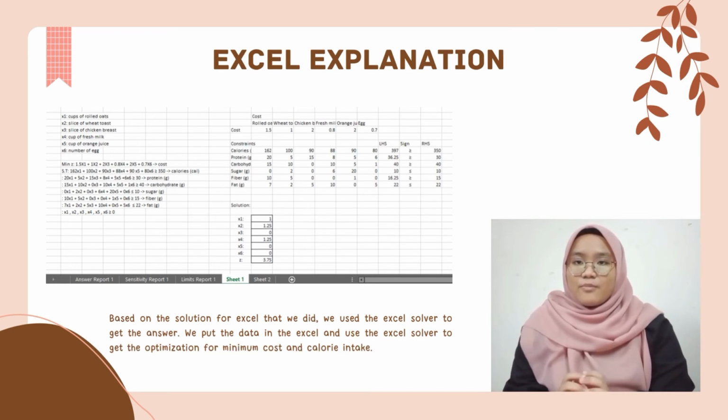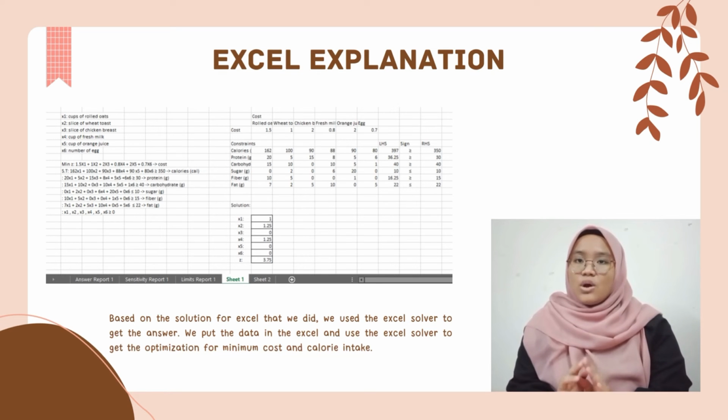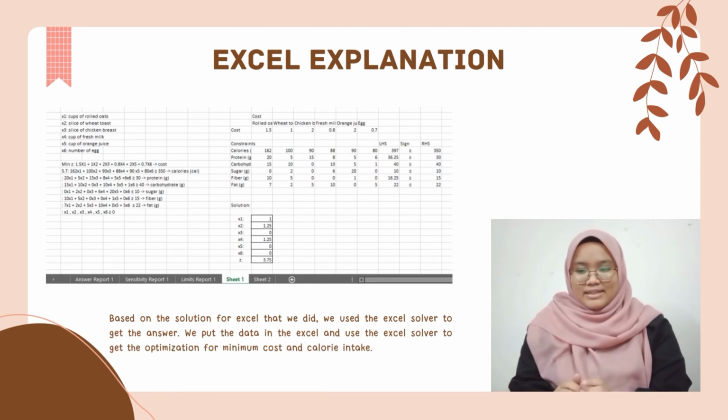The calorie intake for the breakfast menu that we got also fulfills the requirement that Lionel wants. The breakfast menu contains 397 calories with 36.25 grams of protein, 40 grams of carbohydrates, 10 grams of sugar, 16.25 grams of fiber, and 22 grams of fat.